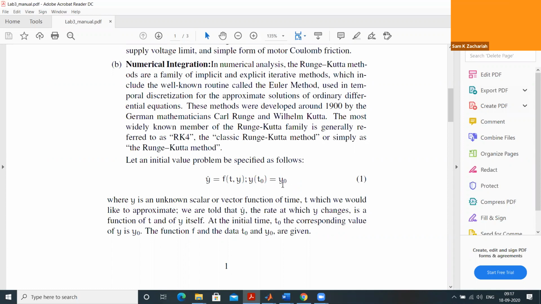At time t0, the value y0 is known, and how y changes with respect to both time and y is also given. So it's a typical integration problem. If an analytic solution is available, it is well and good, but in general, it is a nonlinear differential equation, and there is no generic method to solve it. That is why we have to go for numerical integration.